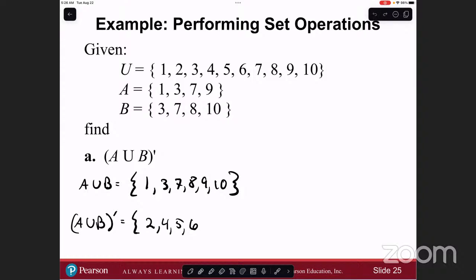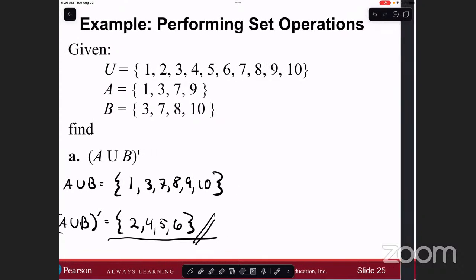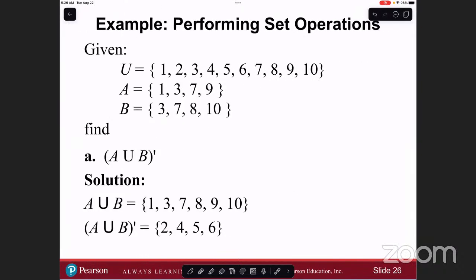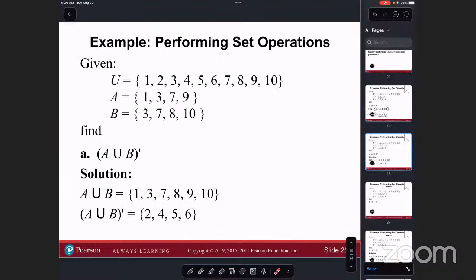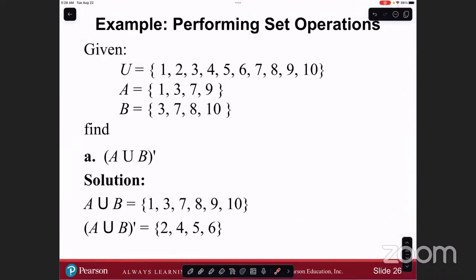So then A union B complement is going to be this guy here. 2, 4, 5, 6. Okay. We're moving and grooving. Not too bad.